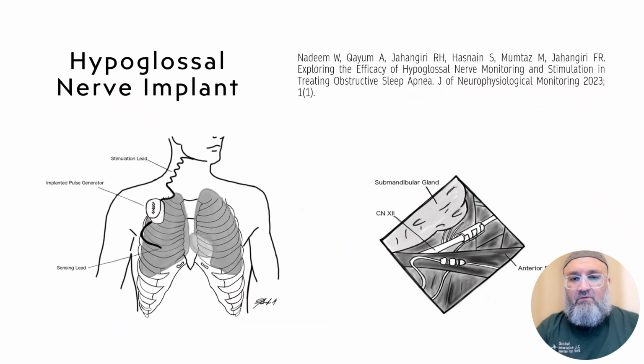So this is a paper we published, which we are going to talk about again later, on the hypoglossal nerve implant. When the patient has severe apnea, they are not comfortable with CPAP and they are not compliant with CPAP, even though CPAP or BiPAP is the best option for them. They don't like it, or have claustrophobia, and they don't use it.